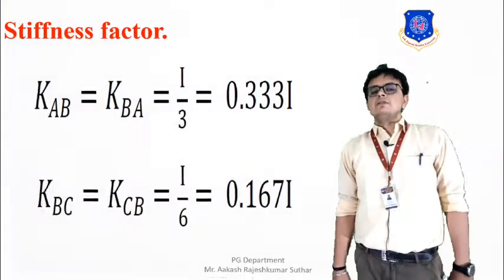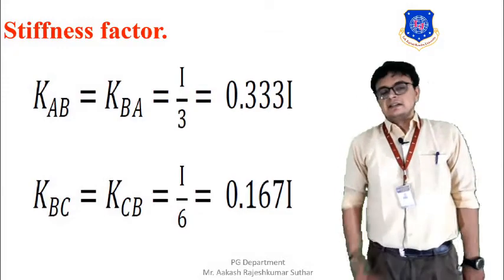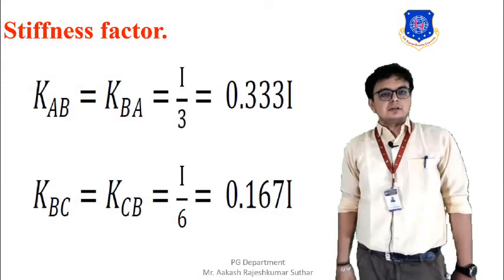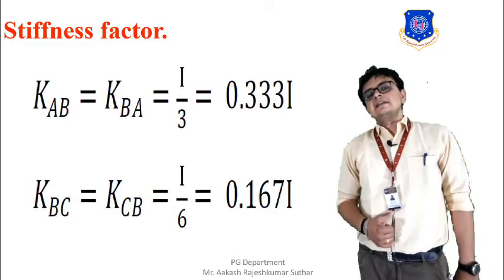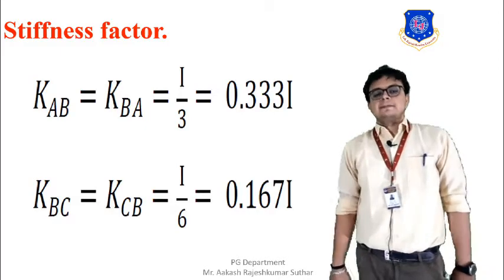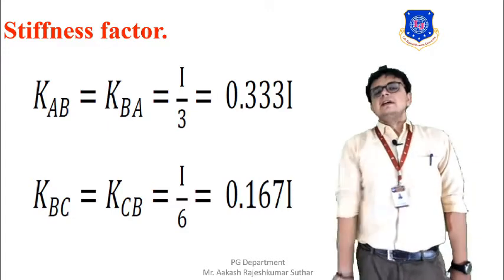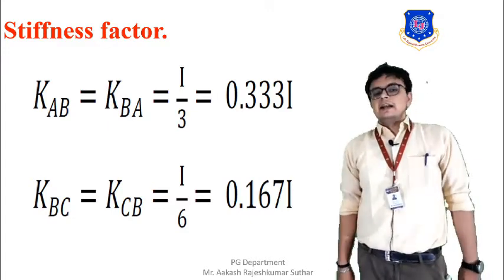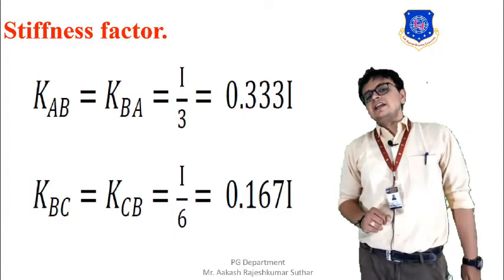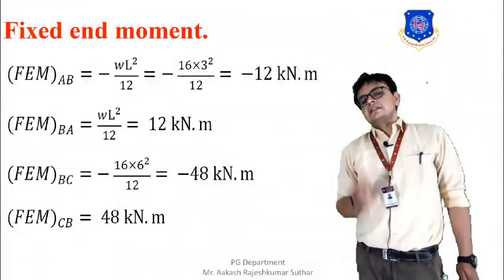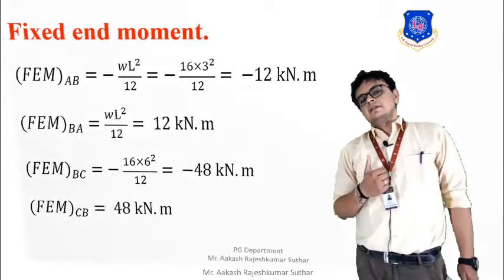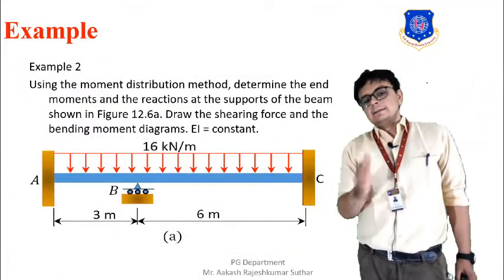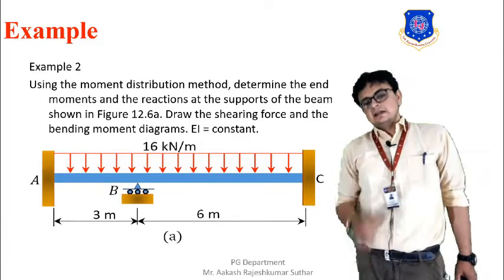Now moving towards the next step, that is the stiffness factor. Basically we are moving towards the distribution factor, so for that we require the stiffness factor. Over here, first of all we have to find the stiffness. You can see from the figure, the stiffness factor for AB and BA will be the same.